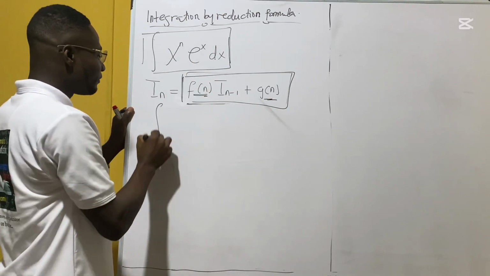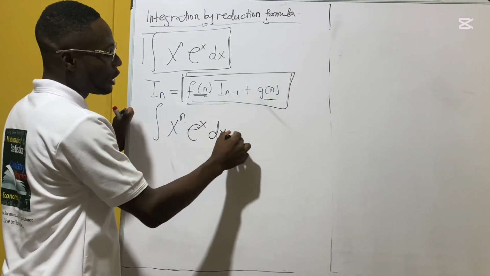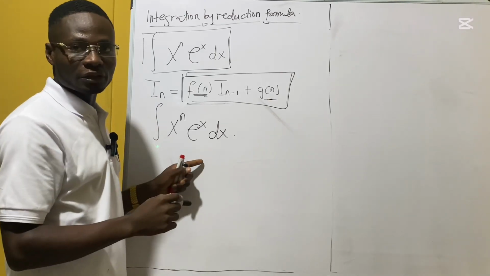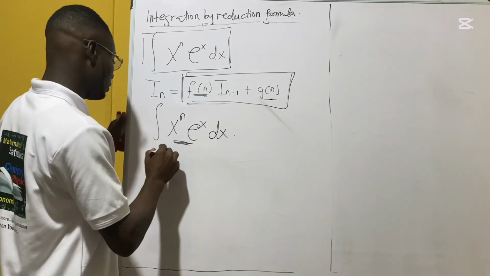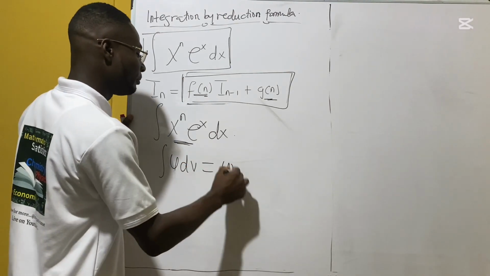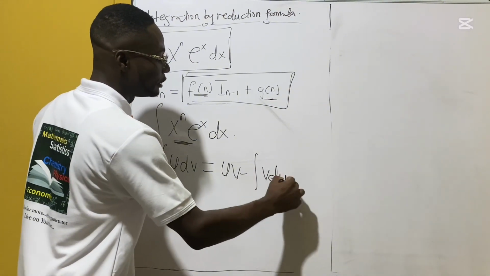This function right here, x^n e^x dx, we want to form the reduction formula for this particular function. So we use uv minus integral v du.